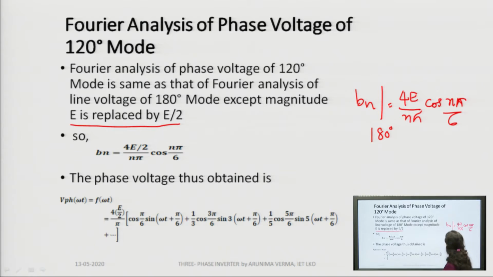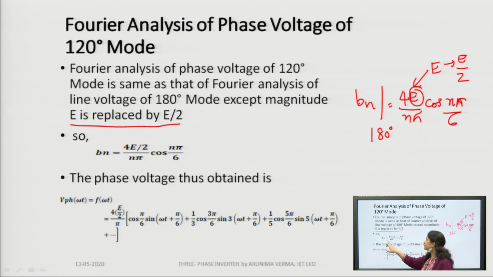For 120°, we will replace E by E by 2 and we will get Bn directly, 4 E by 2 n pi cos n pi by 6.